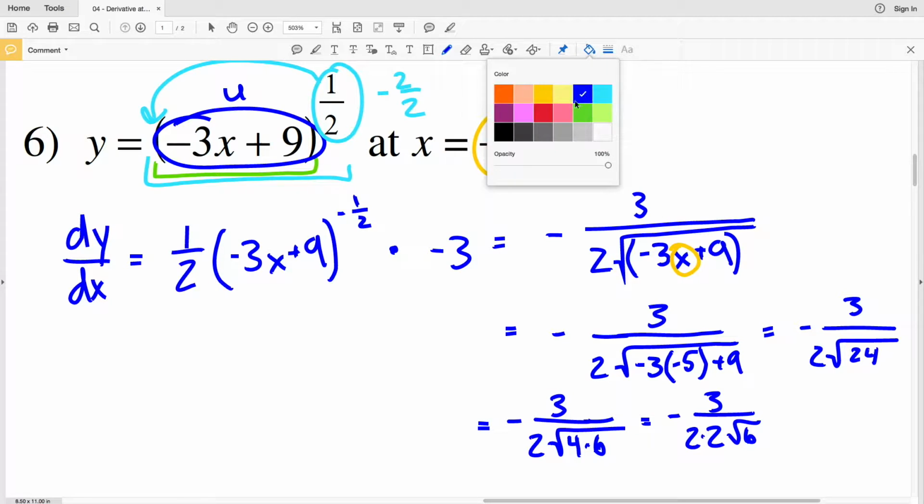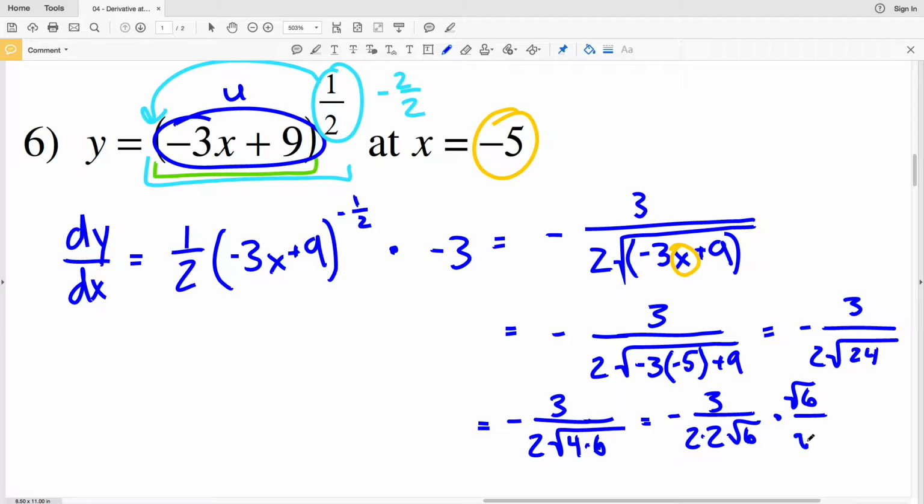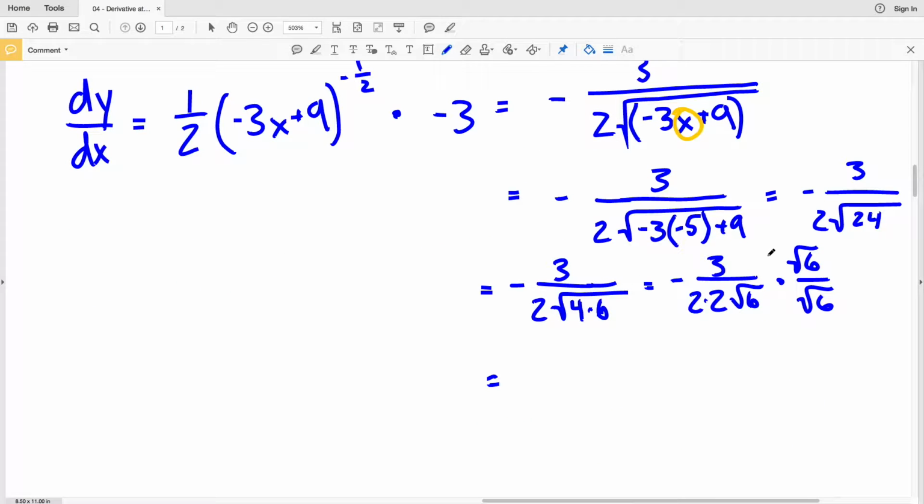And my last step that I want to do now is multiply by the square root of 6 over the square root of 6 to get that out of the denominator. So negative 3 times the square root of 6 will be negative 3 square root of 6, all over 2 times 2, which is 4, times the square root of 6 times the square root of 6, which will be 4 times 6.